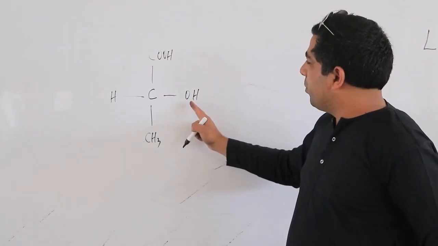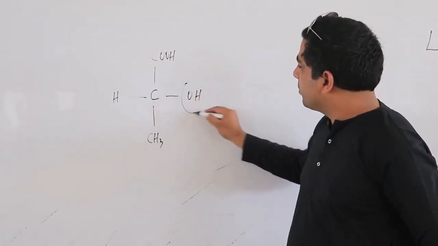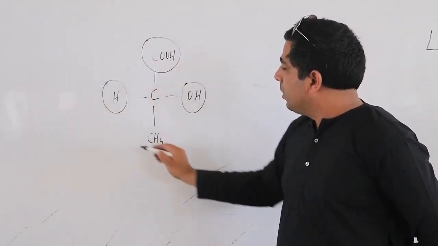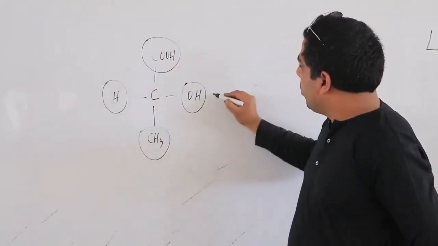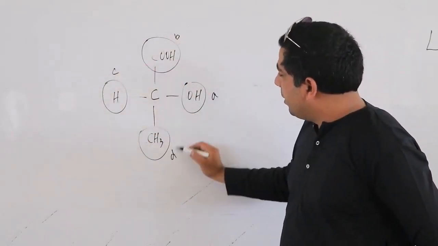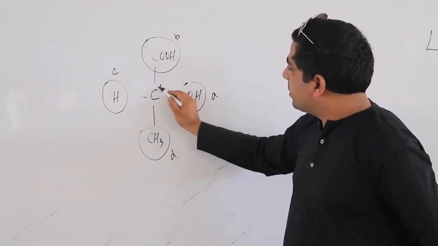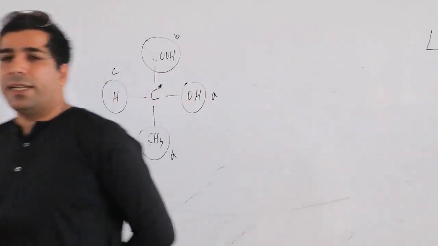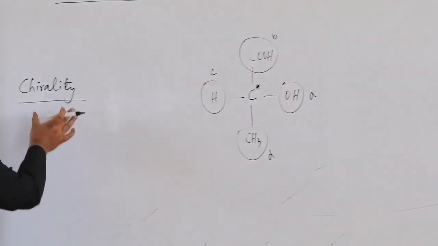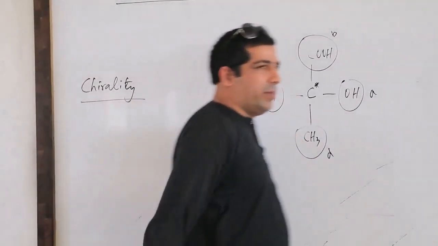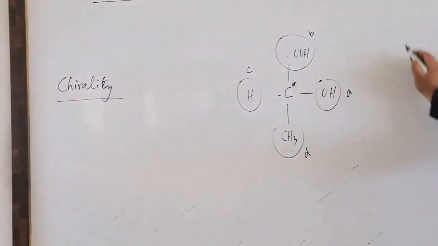What are the 4 different groups? OH, carboxylic acid, hydrogen and CH3. Let me call them A, B, C and D. So this carbon, I'll put a star here. This carbon can be called a chiral carbon. So before defining what chirality is all about, let us see what this chiral carbon is all about. Okay.